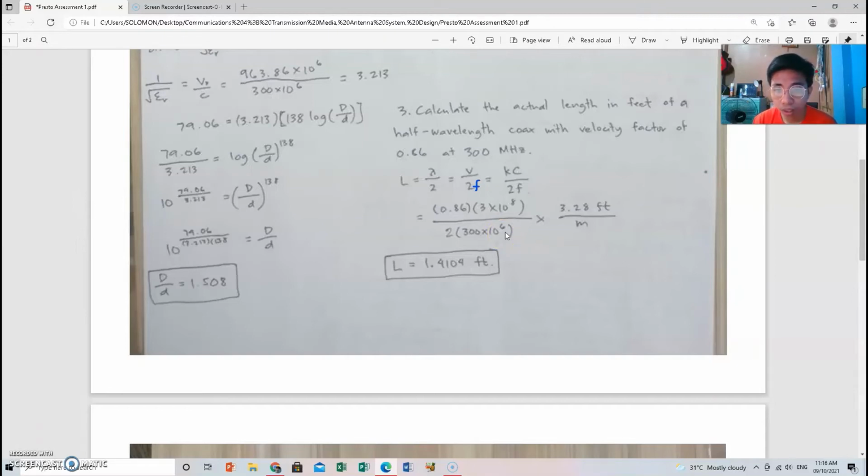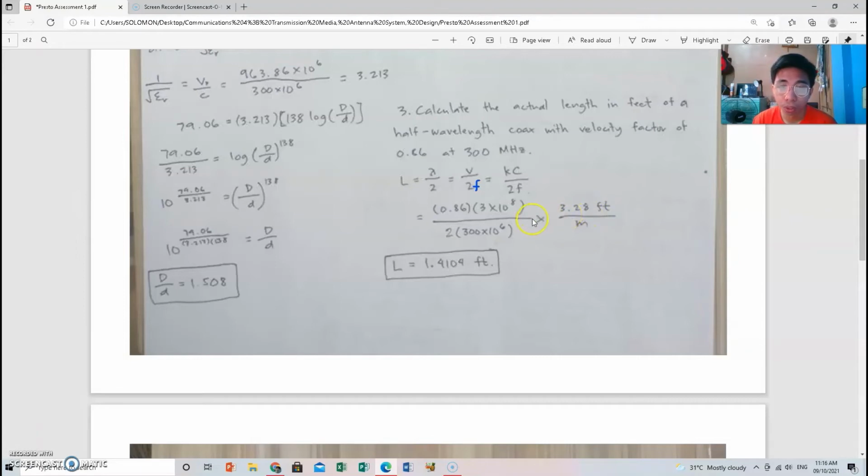Here we multiply it by the conversion factor 3.28 feet per meter, to have an answer with a unit of feet.